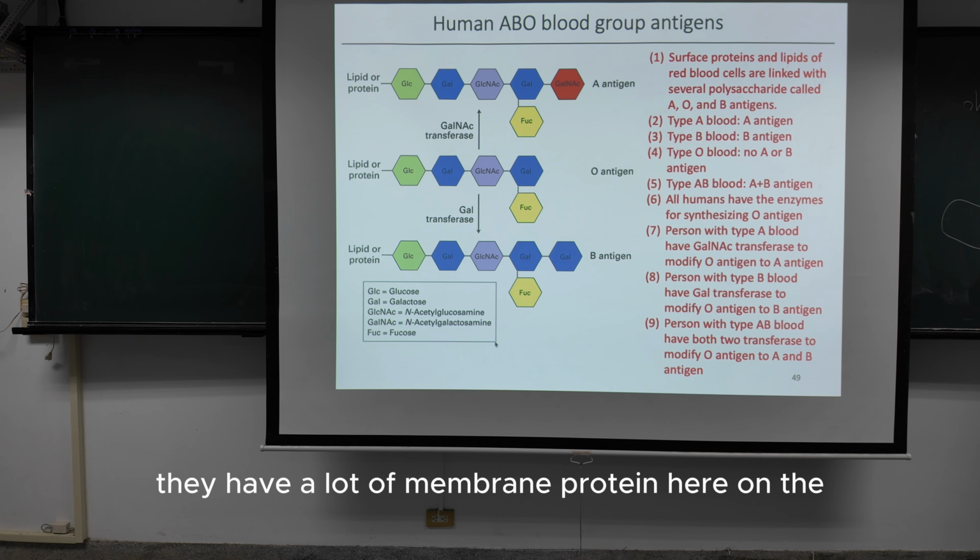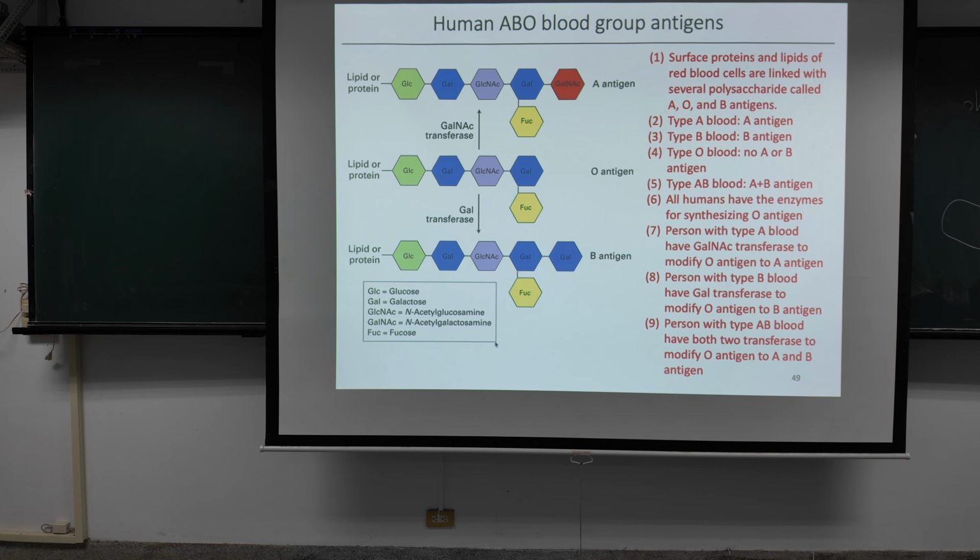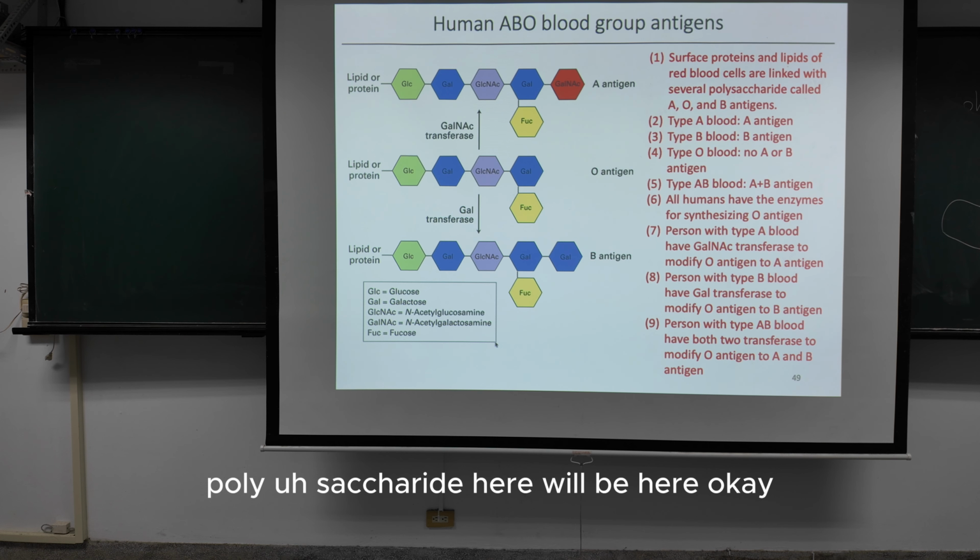They have a lot of membrane proteins on the red blood cell, and those membrane proteins have certain sugar polysaccharides here. Those are conjugated with the surface membrane protein. You need to know where they are. Okay, so consider this a basic unit. They will conjugate with different sugars.